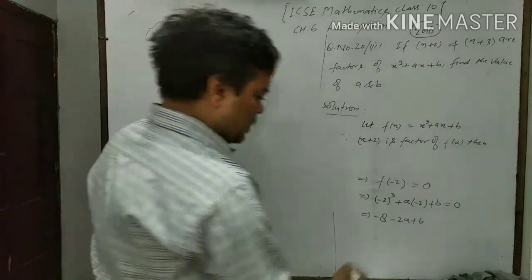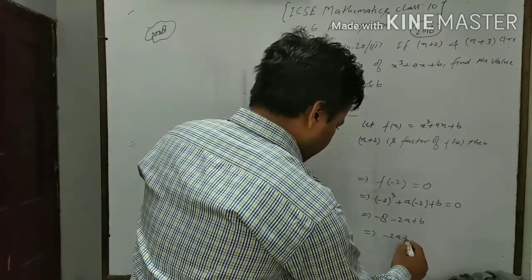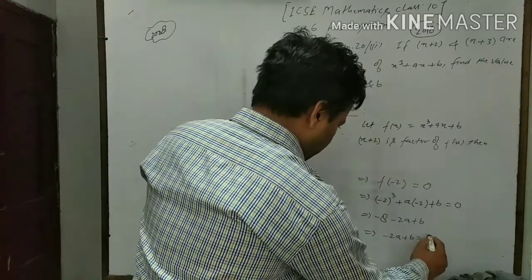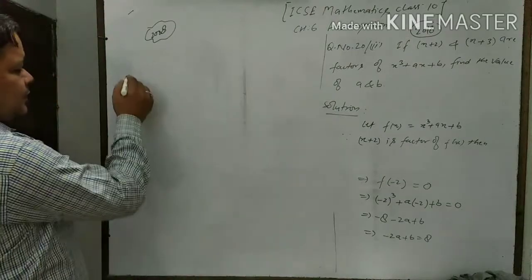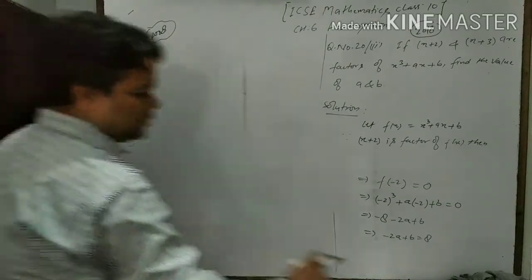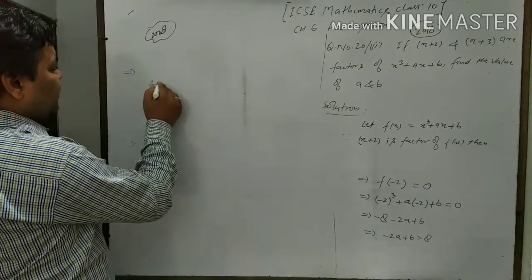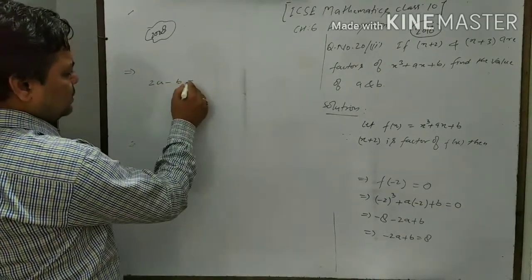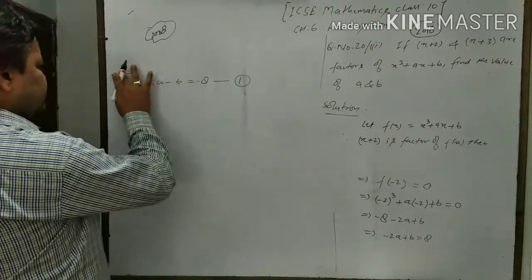Or we can write minus 2a plus b is equal to 8, or simply 2a minus b equal to minus 8. Let it be equation first.